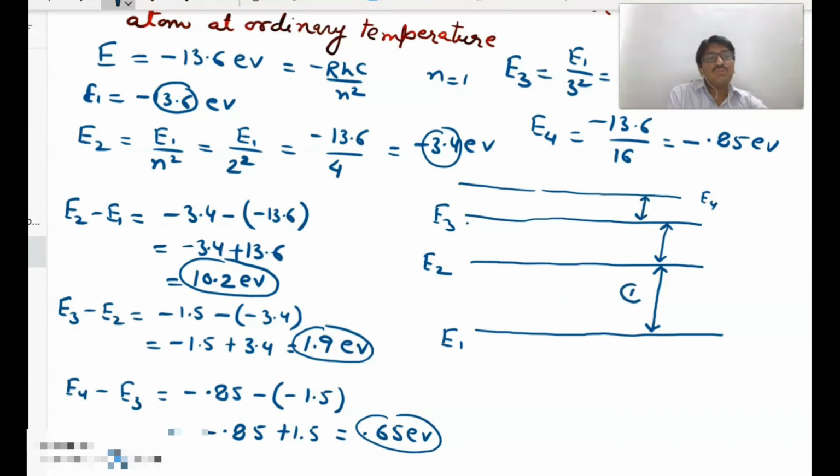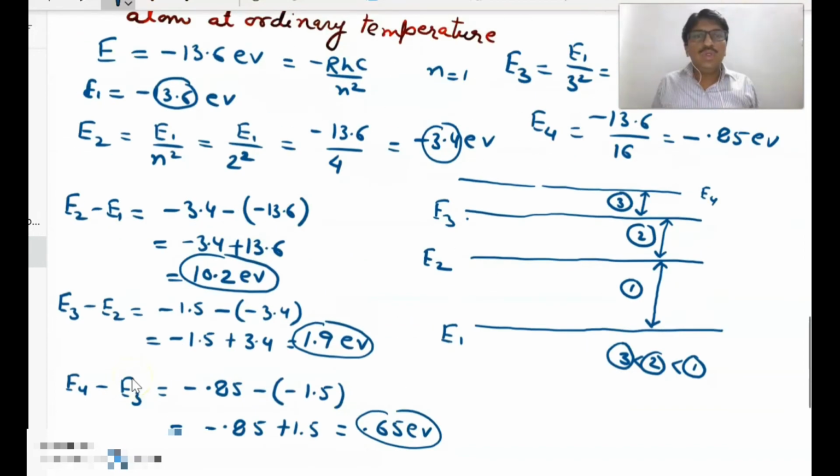Suppose this is 1, this is 2, and this is 3. So the third difference is less than the second difference, and the second difference is less than the first difference. So the difference of energy levels continuously decreases as the orbit number increases.